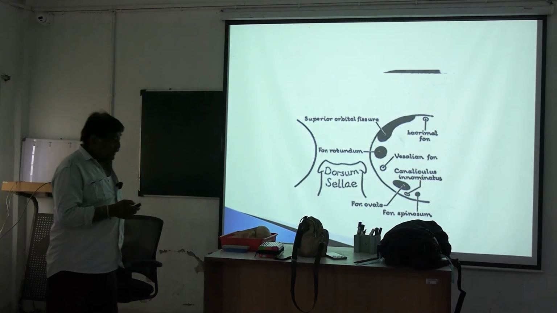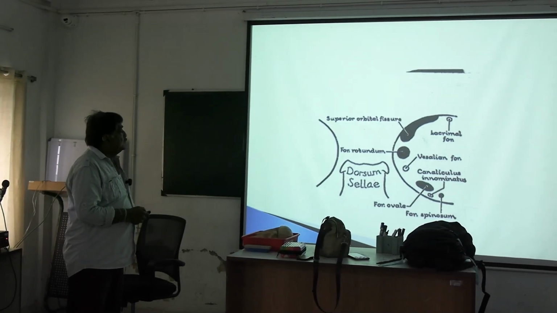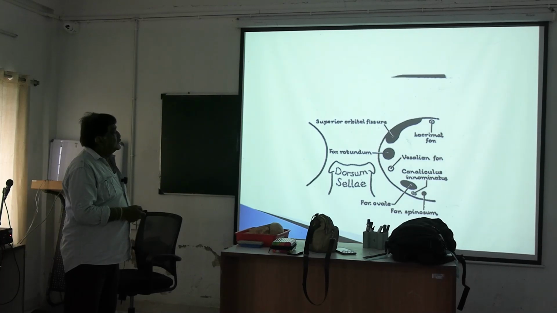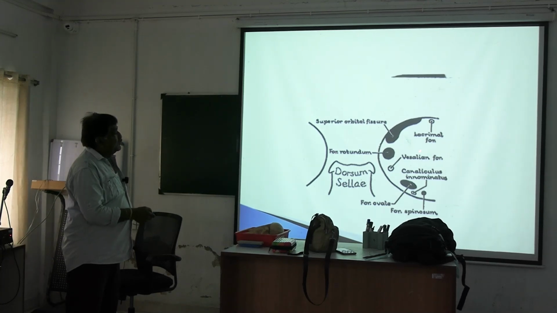Now, this is the picture from Grant's: the dorsum sella, this is the superior orbital fissure, lacrimal, frontal bone, the foramen rotundum, foramen ovale, and foramen spinosum.